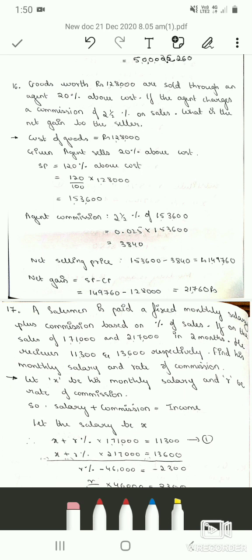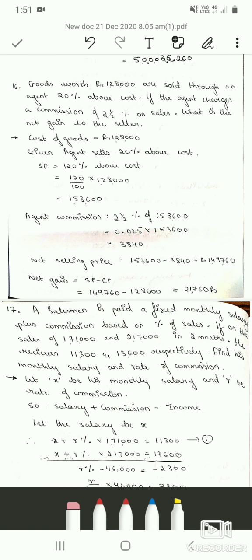Here initially they have given the goods cost as rupees 1,28,000, for which the agent gets 20% above the cost. They have said an agent sells it with a profit of 20% above the cost.